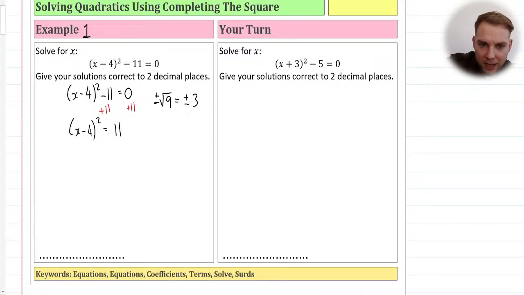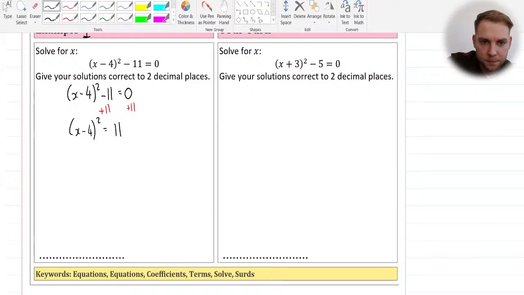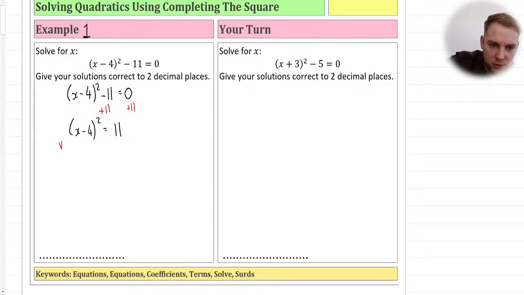So when I'm doing the square root of this, and this is probably the new part, the square root of this is going to be x minus 4 is equal to plus or minus the square root of 11.